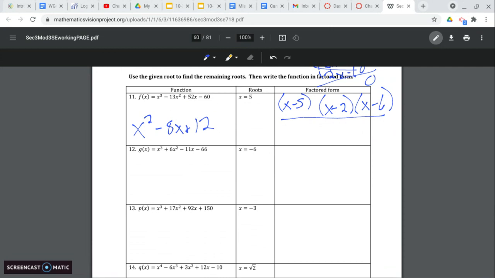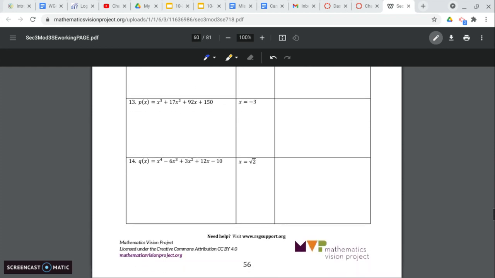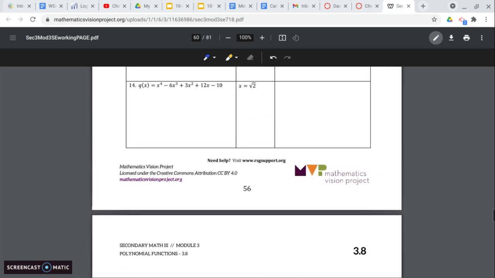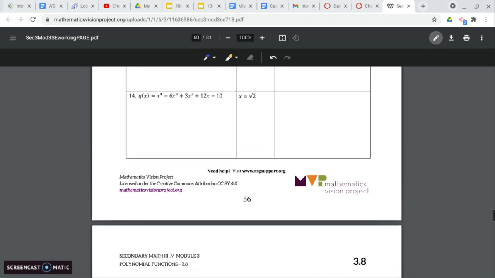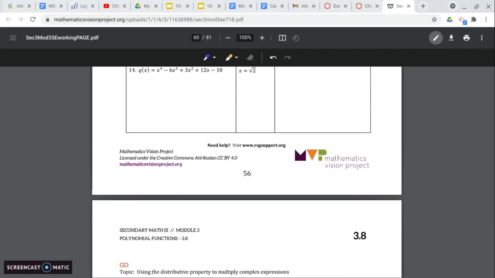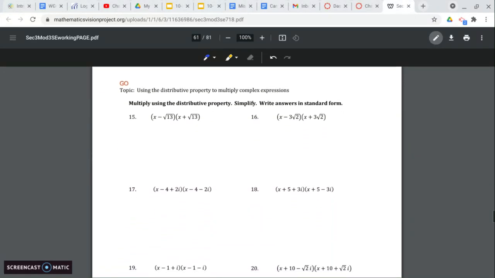Factored is your key word for this lesson. Down here on this one, be careful when you're dividing by the root 2. Be very cautious with that since you are dealing with a fourth root.